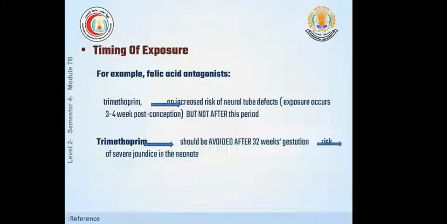So the stage of pregnancy at which the drug is administered can determine the occurrence of any adverse effects to the fetus. For example, folic acid antagonists like trimethoprim are associated with an increased risk of neural tube defect if the exposure occurs 3 to 4 weeks post-conception, but not after this period.